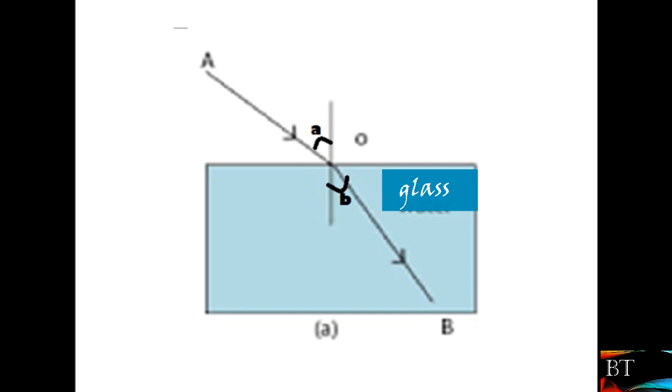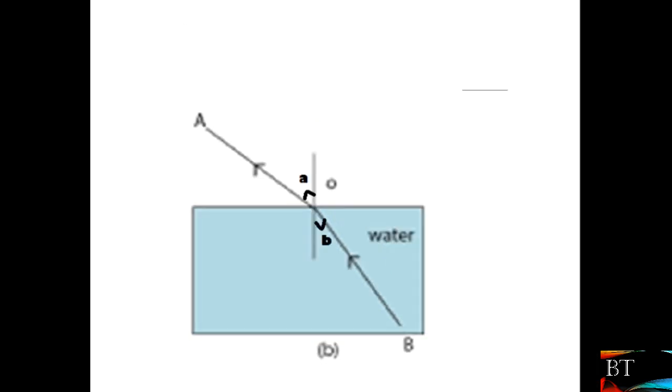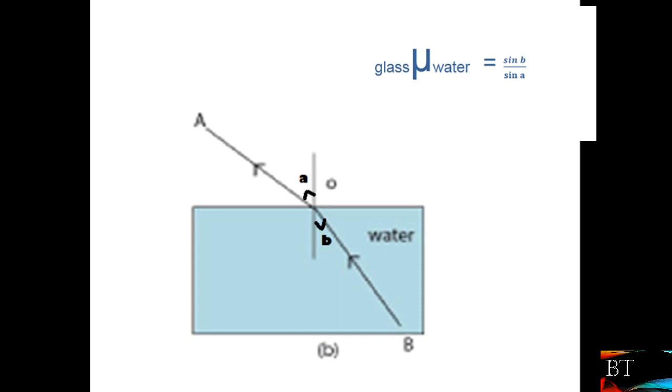Here, the refractive index of glass with respect to water is sin A by sin B. According to the principle of reversibility of light, a ray of light falling from glass to water with an angle of incidence B will refract with an angle of refraction A, and hence the refractive index of water with respect to glass is sin B by sin A.